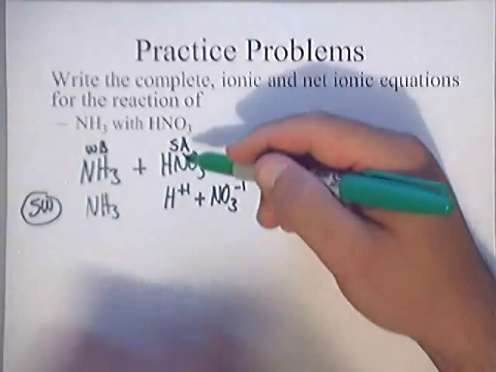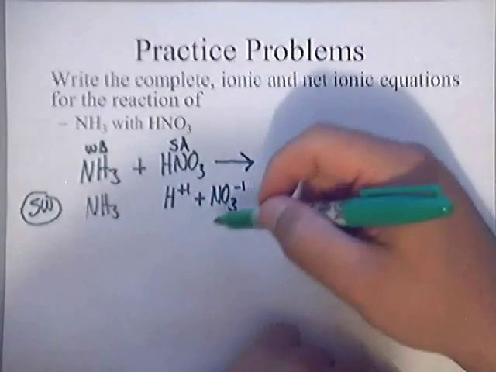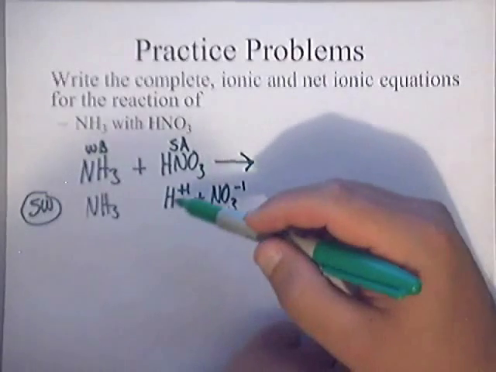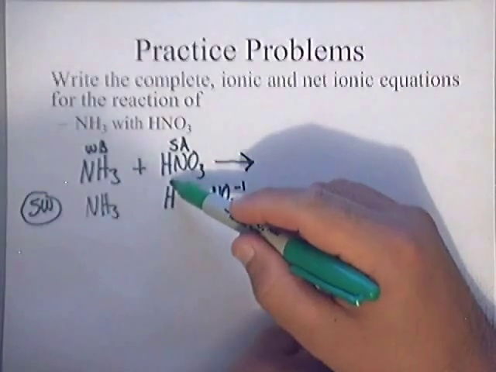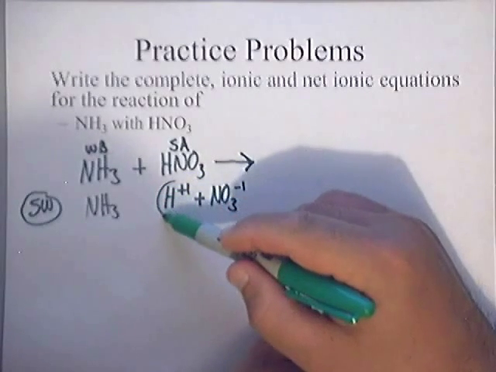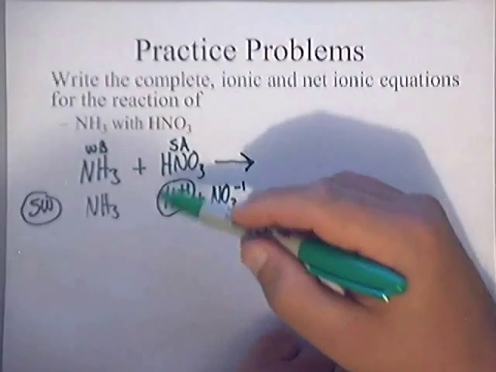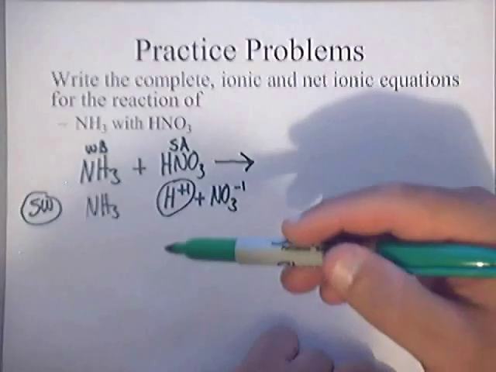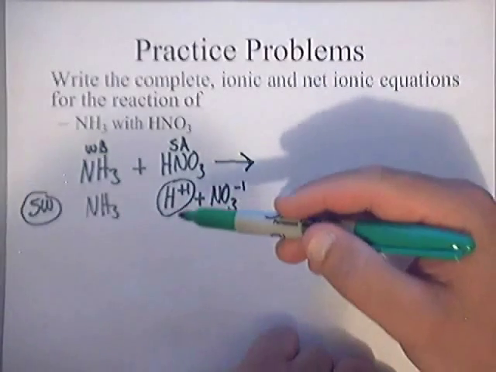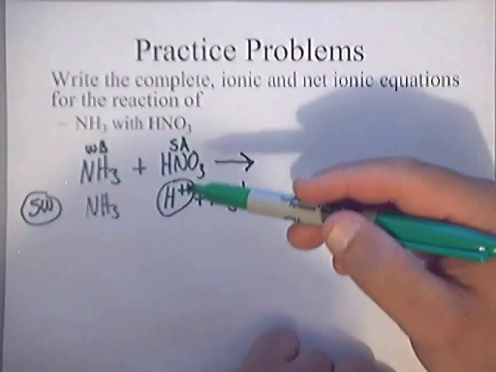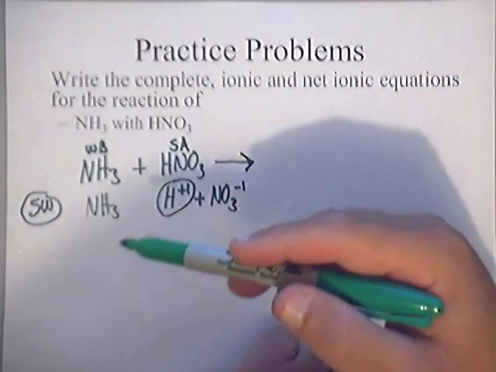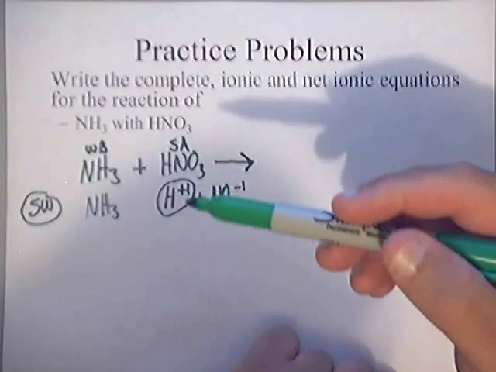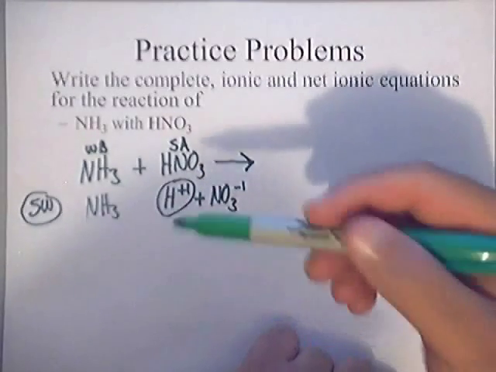Now what I do is make sure that I clarify the behavior of this acid and its ions when it hits the water. What happens here is this hydrogen ion, or this proton, being the acid, wants to donate its hydrogen to the base, because acids are proton donors and bases are proton acceptors, meaning acids donate hydrogens, bases accept hydrogens.